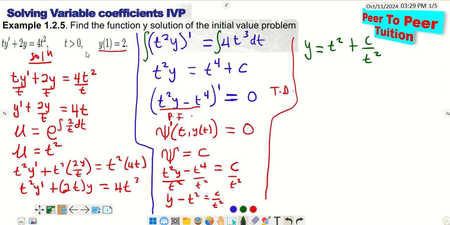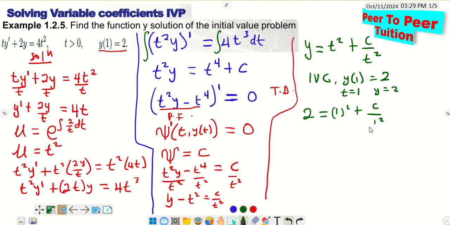But looking at the initial value condition, our initial value condition is that y(1) is equal to 2. This means that t is 1 and y is 2. So let's substitute it here. We will get 2 is equal to 1 squared plus c over 1 squared.